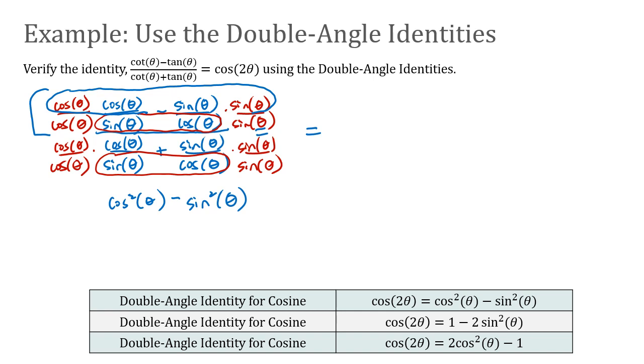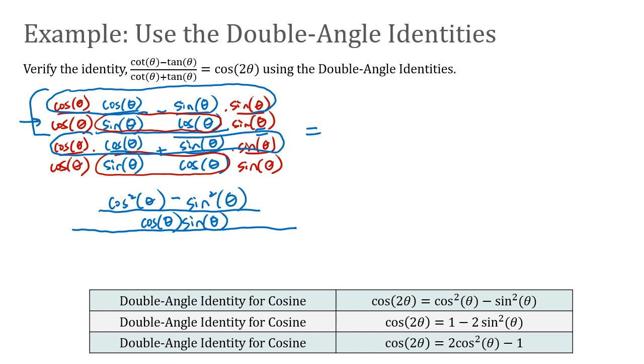And we're going to have, down in the denominator of the numerator, cosine of theta times the sine of theta. Now in my denominator, I'm going to have cosine times cosine plus sine times sine. So that's going to be cosine squared theta plus sine squared theta, over that common denominator again.